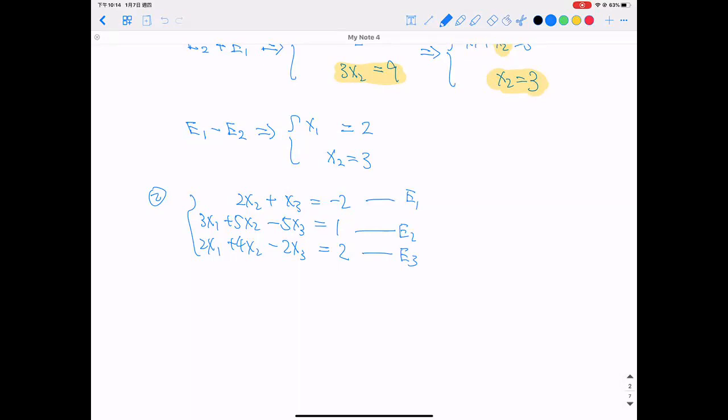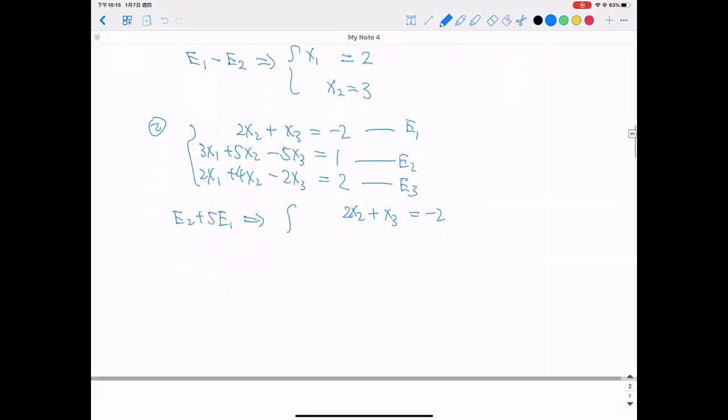So let's see right here. If we do E2 plus 5E1, right? That will be the following. E1 stays the same, 2x2 plus x3 equals minus 2. Now, E2 gets 5 copies of E1 added, but E1 doesn't have an x1, so 3x1 is still 3x1.